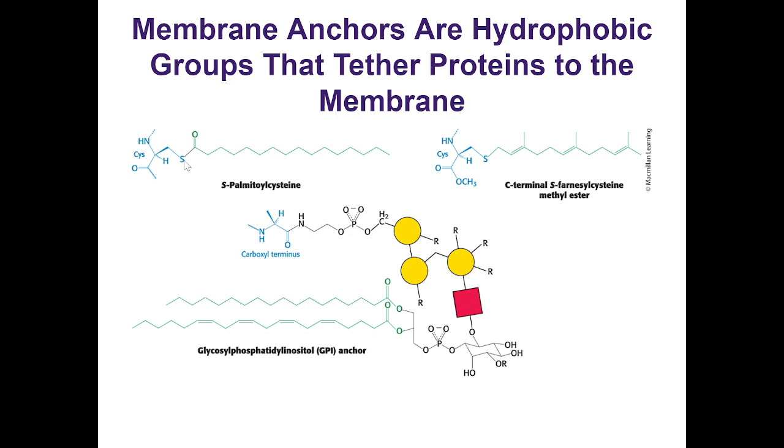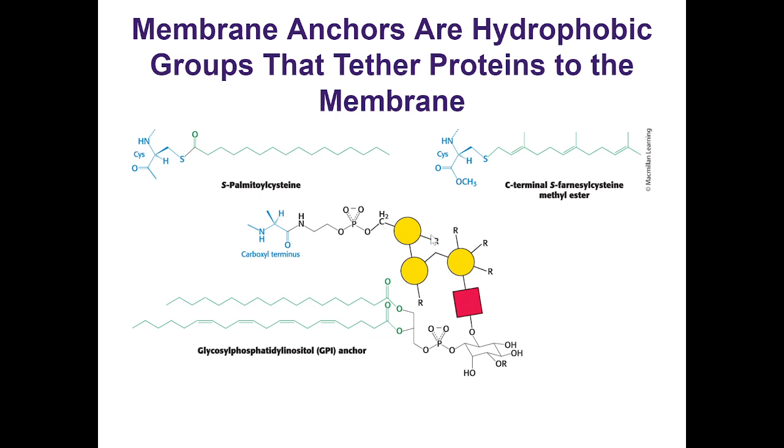Okay. Which amino acid has the thiol, by the way? Cys, right? Which is why we're attaching it at Cys for each of those, because it's a thioester bond, a thiol bond. Okay. And this is what it looks like for the GPI anchor, by the way, right there.